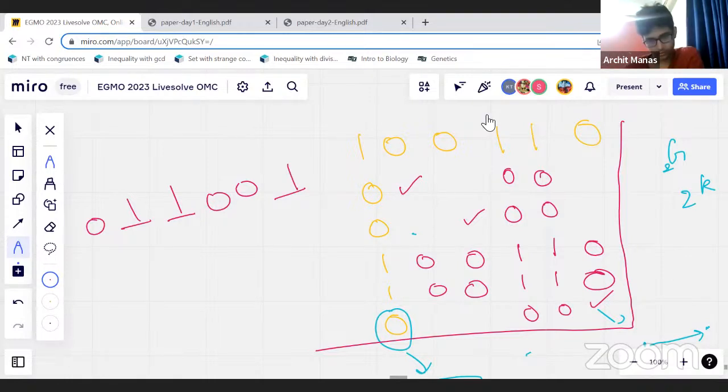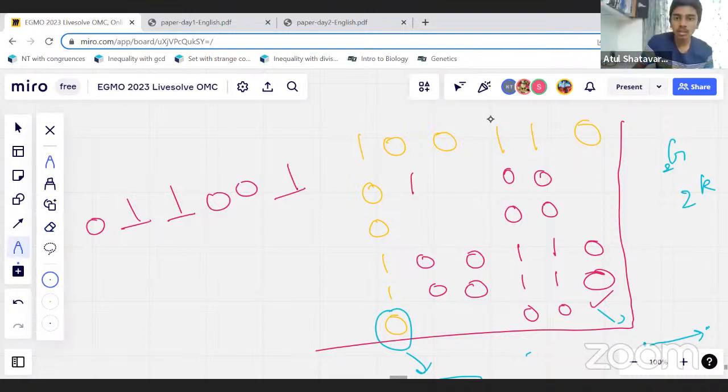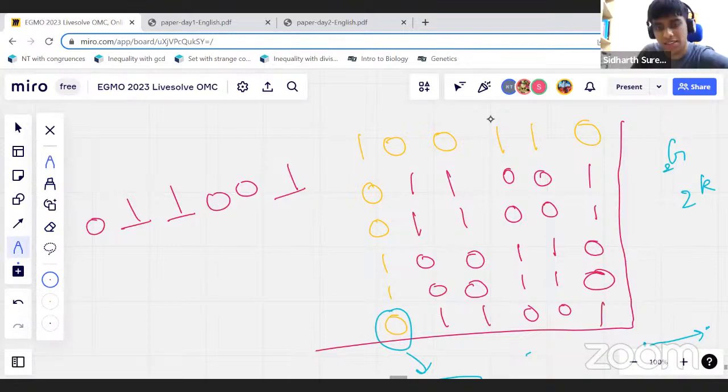Does what work? I'm looking if this works. This works, no? You have a string and its inverse. Oh yeah. Oh wait. Oh wait.